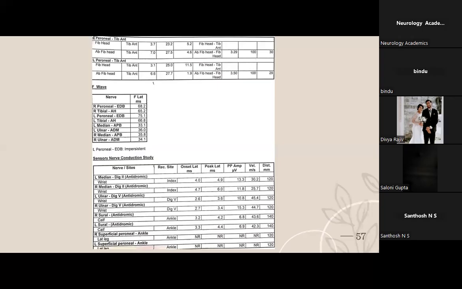Previously he had only paresthesia of the hand. Other than that, there was no weakness, along with the imaging finding also, MRI finding.